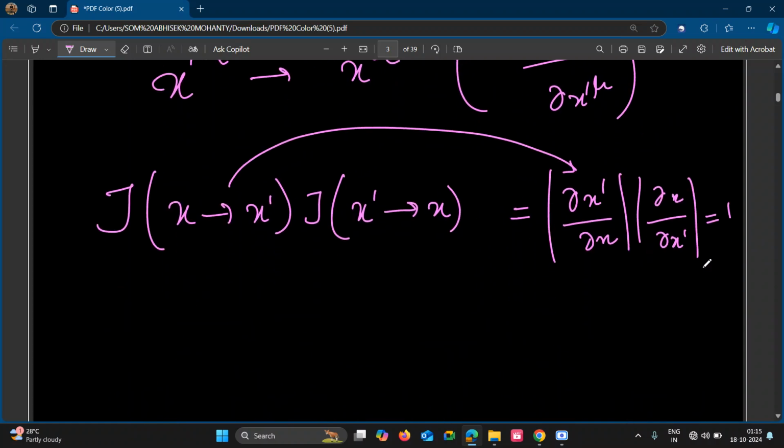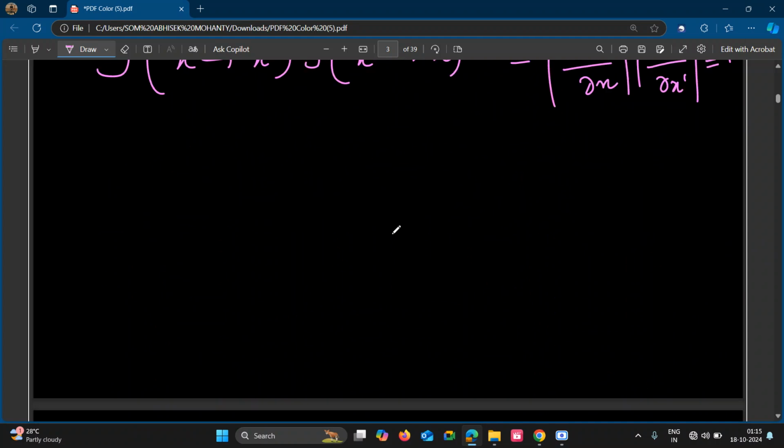In special relativity this is used. The transformation matrices are the Lorentz transformation matrices, and therefore the Jacobian is identically equal to 1. Let me write some notation again: del x dash mu divided by del x nu, in special relativity, is written as lambda mu nu.